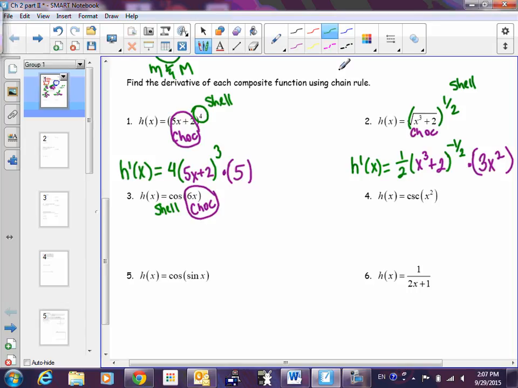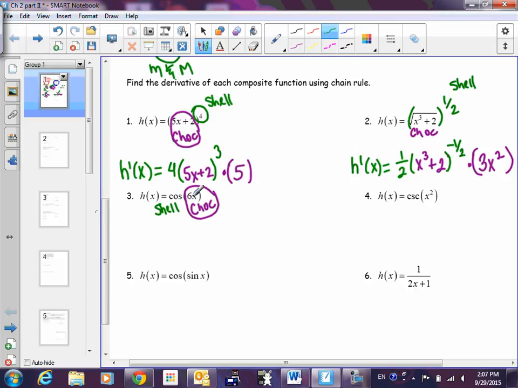Parentheses. Now they're not always going to have parentheses. Like we saw in question 2, there weren't parentheses, but then we made that happen. But on most of the examples, you're going to see parentheses, and that's a really good indicator about which one's the inner function.